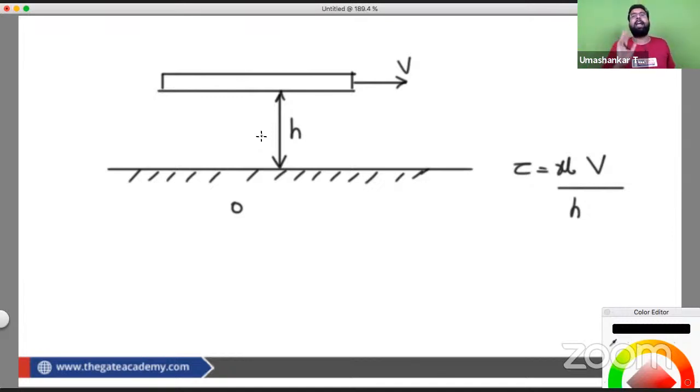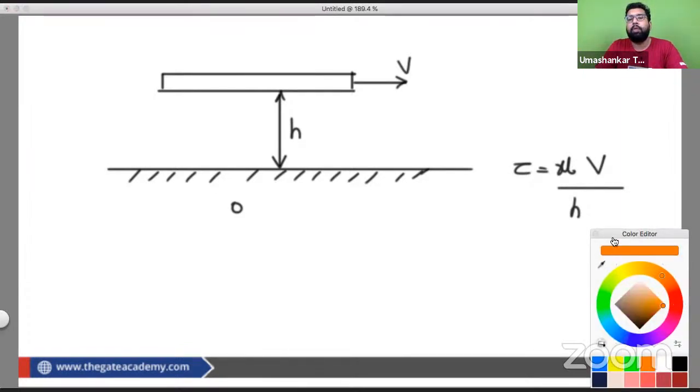Now, if we have a velocity, a dynamic coefficient of viscosity, and a gap between two surfaces, will we be able to find the shear stress? Right, so we will be able to do it. Now, the other way around is what we can do.